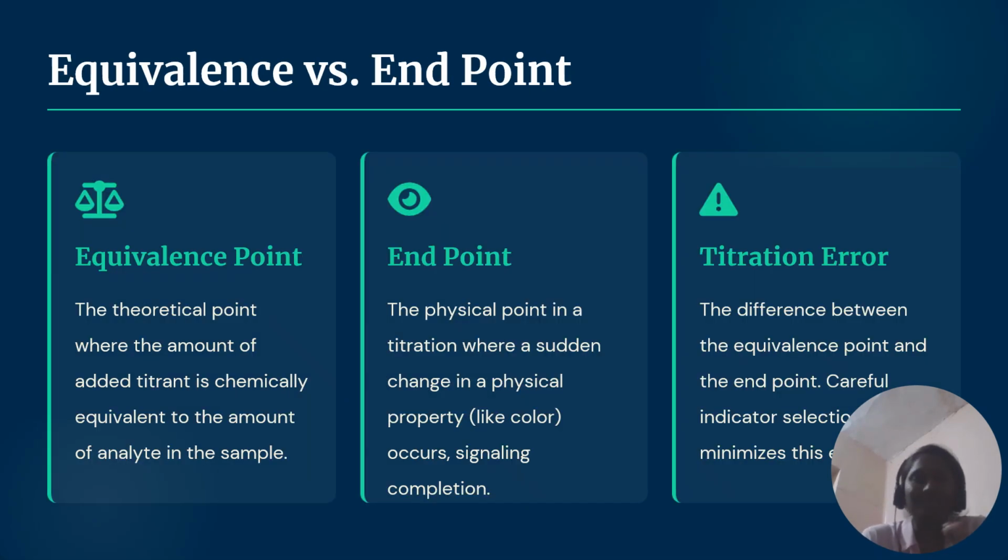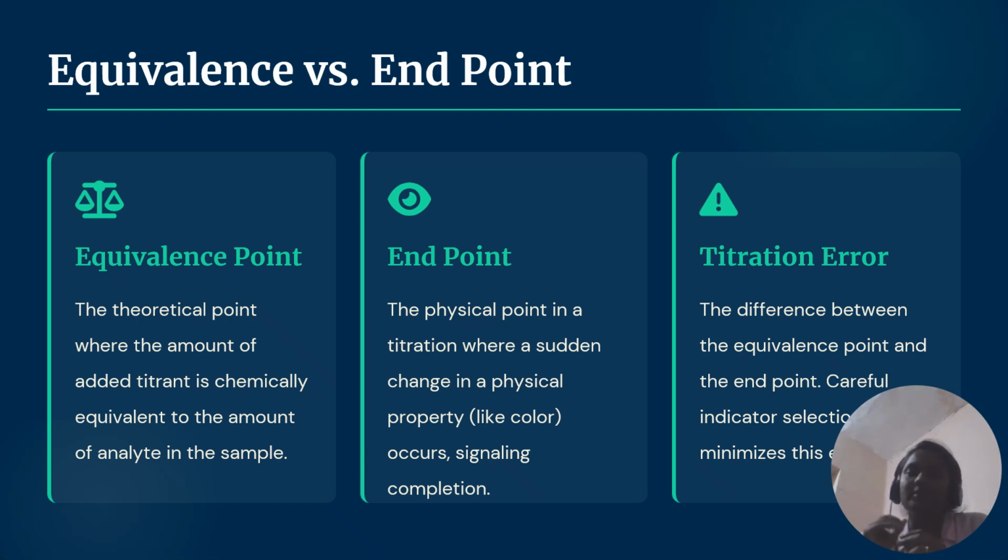Next, coming to equivalence point versus endpoint. It is one of the differences that I have put here. The equivalence point is the theoretical point where the amount of titrant added is chemically equivalent to the amount of analyte in a sample.